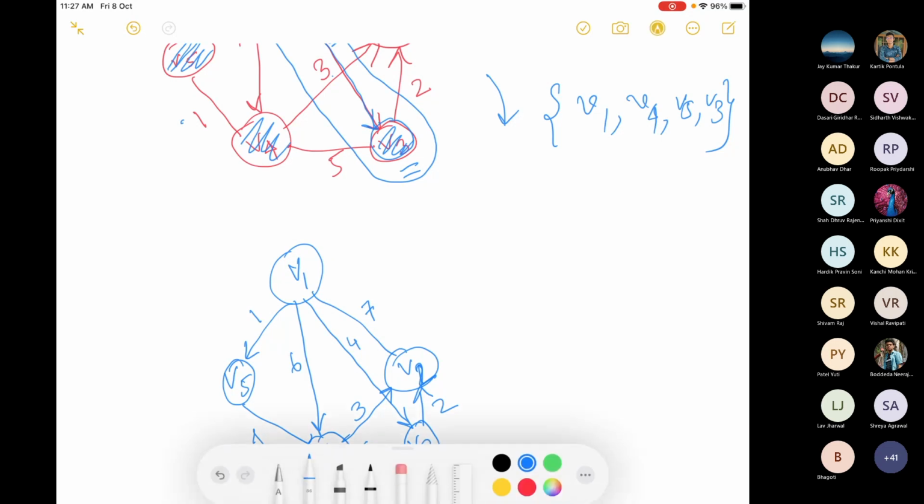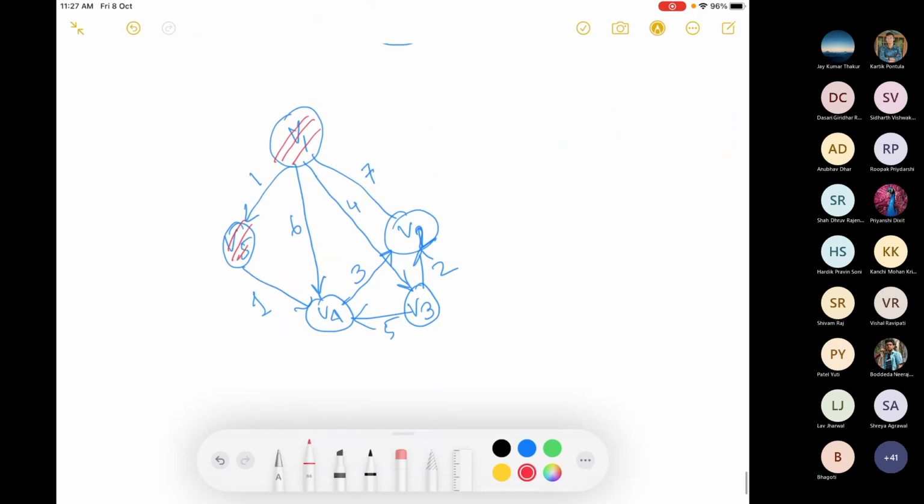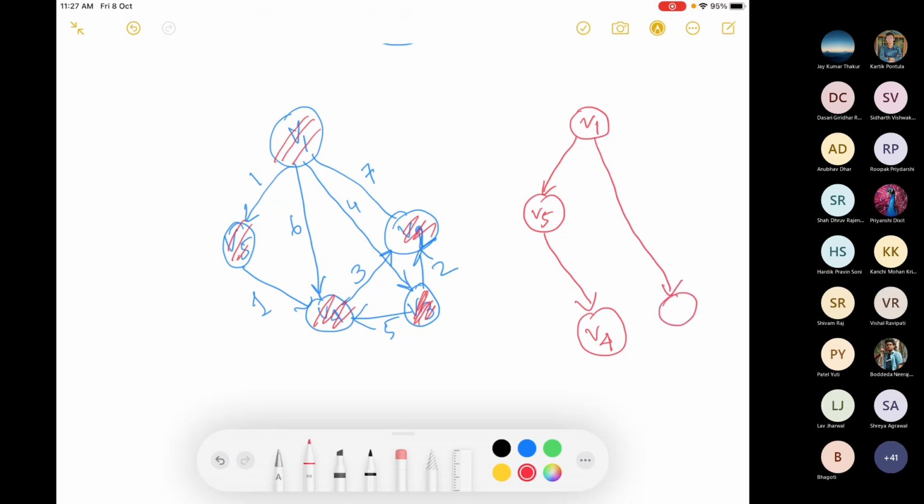So now at this point, we take all the nodes. And the shortest path from V1 is.